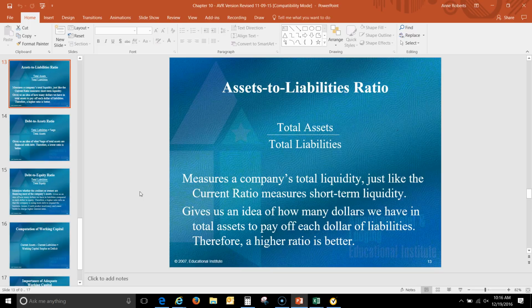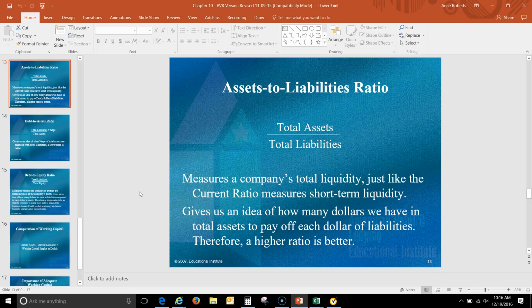Subtract them. So if we had to convert this ratio to assets equal liabilities plus equity, assets become, like I said, 1.83. Liabilities become 1, which means we have how much in equity? 0.83.